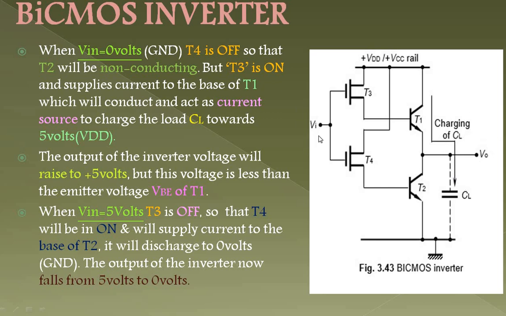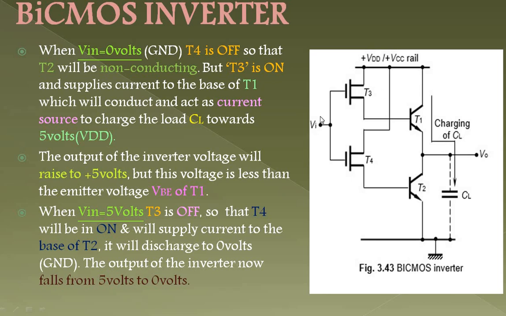We are given 0 as the input, it is charged to 5 volts, and you are getting the output as 1, correct? But this voltage is less than the emitter voltage VBE of T1. This is the one point, that the voltage what you have obtained over here is comparatively less than the VBE or the emitter voltage of your bipolar transistor T1. That was the first part.